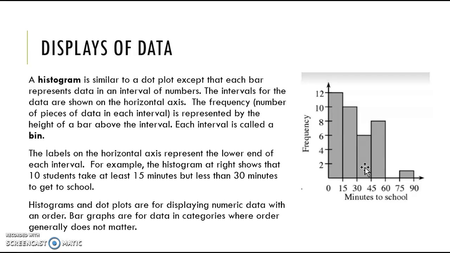Another thing that I was thinking about in really all of the data displays is that it is incredibly important for the graph to be labeled very clearly. This is minutes to school, so it doesn't happen very often, but there are some circumstances where if it's not very clearly labeled, you can't make heads or tails of the graph, and students always getting into the practice of labeling very carefully is very important.